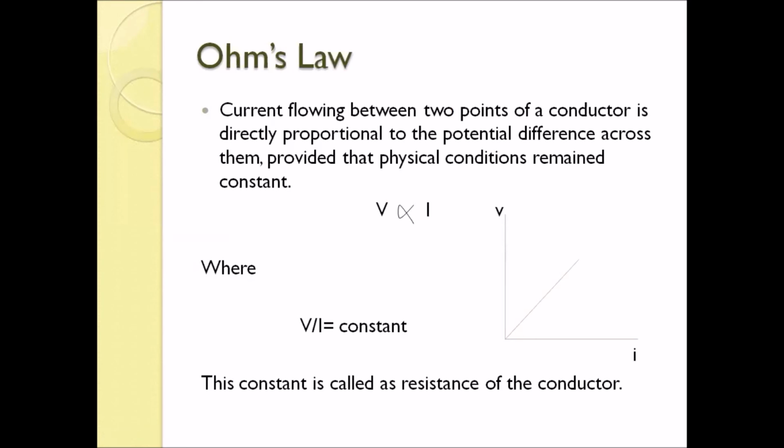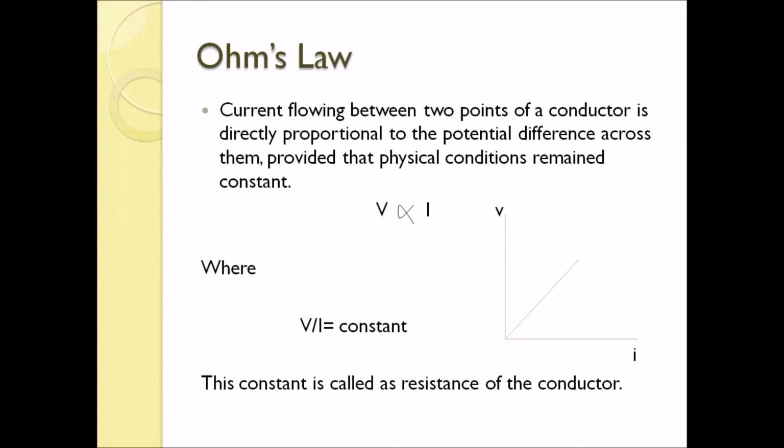Now we will discuss the basic law of electricity, called Ohm's law. Ohm's law states that whenever we apply a potential difference across a conductor, this potential difference is directly proportional to the current flowing through the conductor.